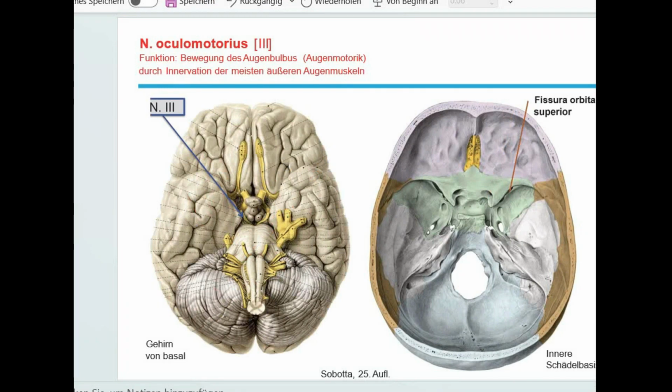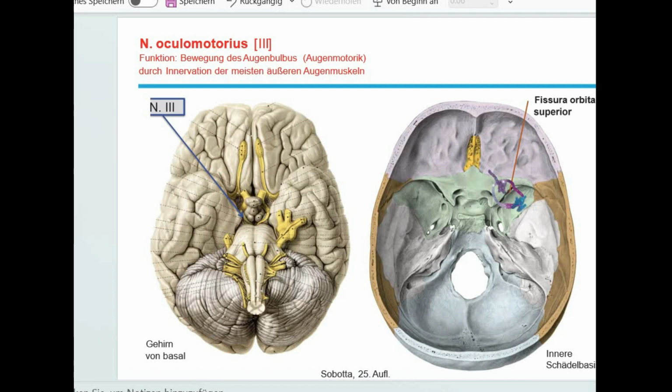The oculomotor nerve goes through the superior orbital fissure. What we need to know briefly about the superior orbital fissure is that it is formed exclusively by the sphenoid bone. It is a split between the ala minor and ala major.